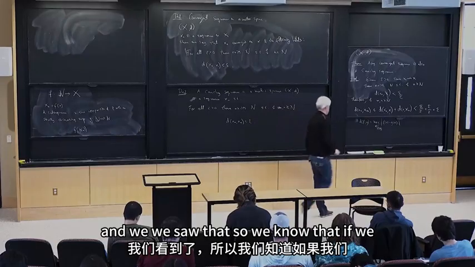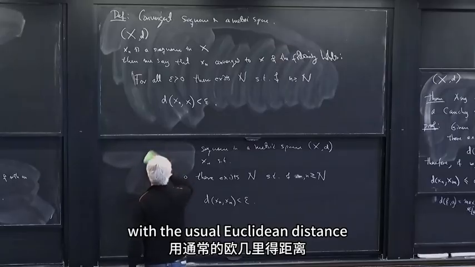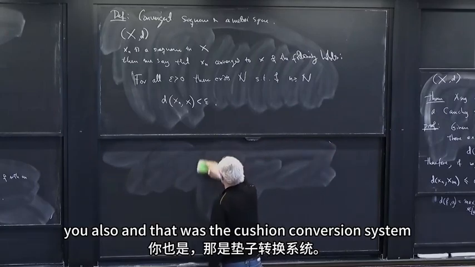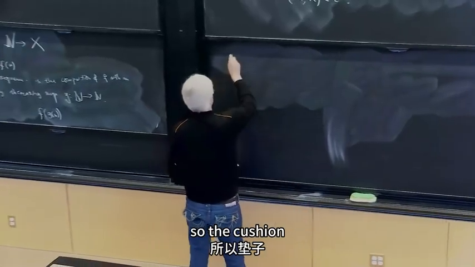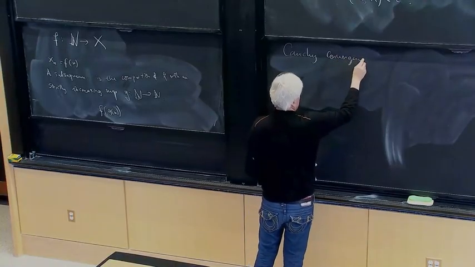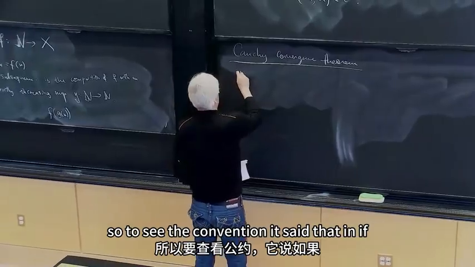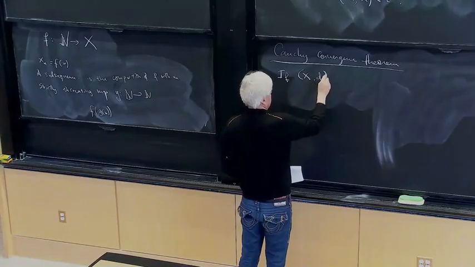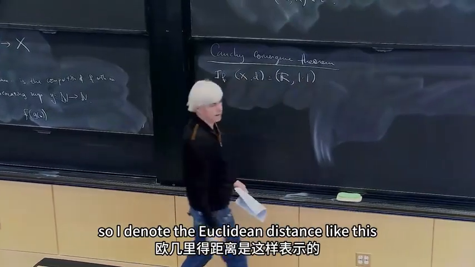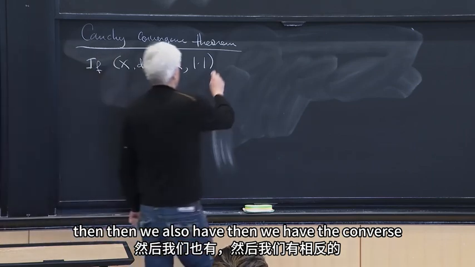And we know that if the metric space is R with the usual Euclidean distance, then, and that was the Cauchy convergence theorem, it said that if (X, d) is R with the Euclidean distance, so I denote the Euclidean distance like this, then we also have the converse.